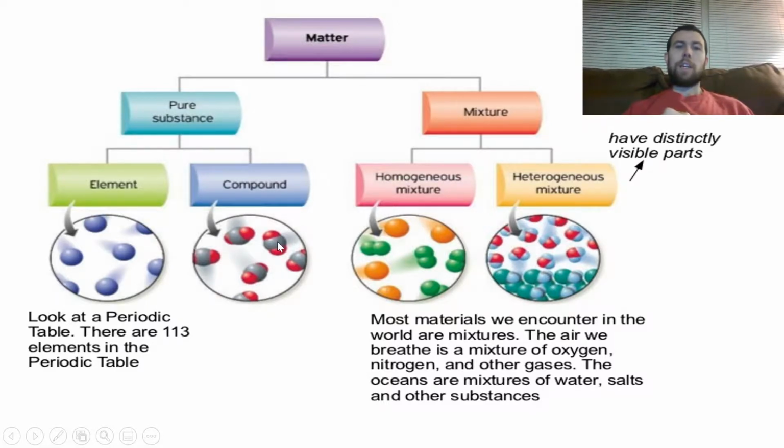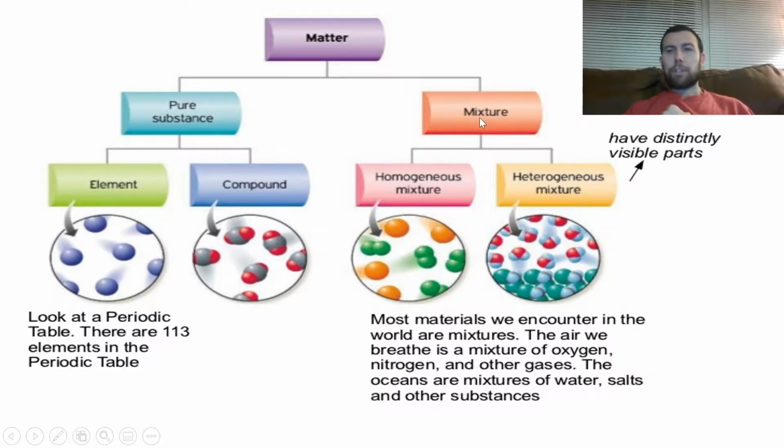And so from this image, what I want you to be able to take away is our compounds are made up of 2 or more elements. Now, that's dealing with our side if there's only one type of substance present, and then if it's just a single atom, that's an element, and if it's 2 or more elements, we've got our compounds. But if it's 2 or more substances, we have a mixture.